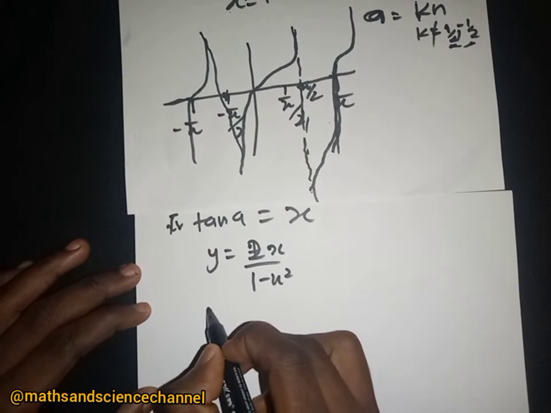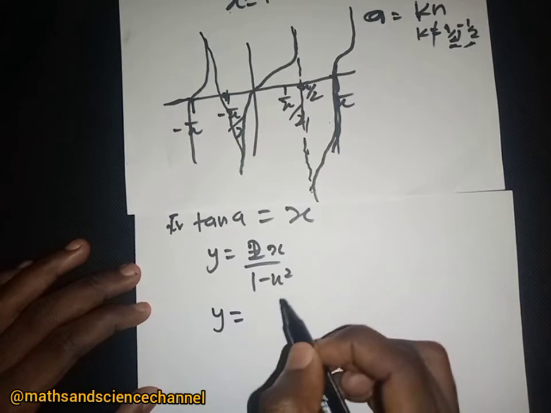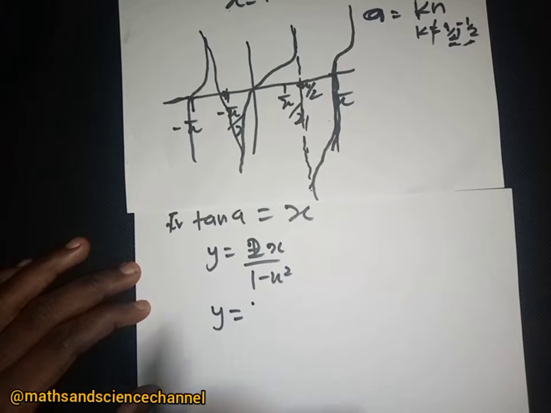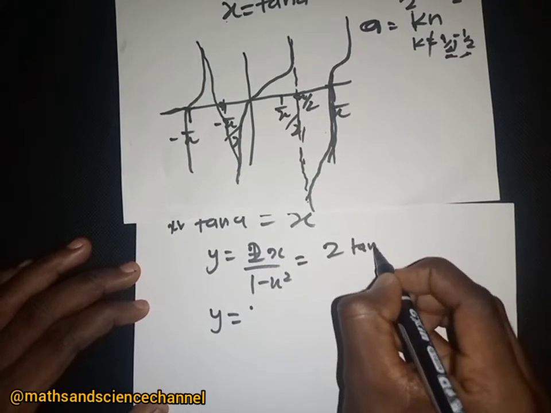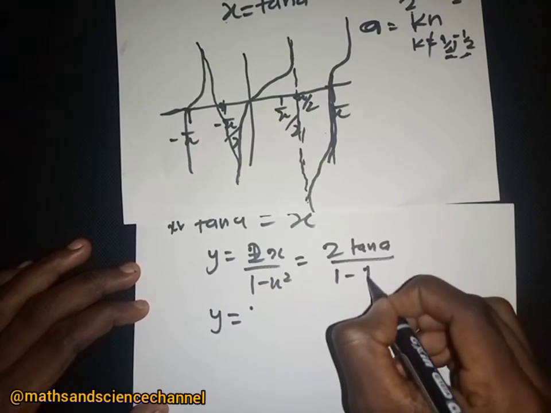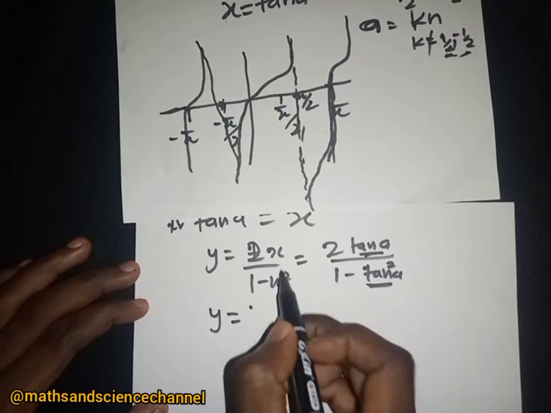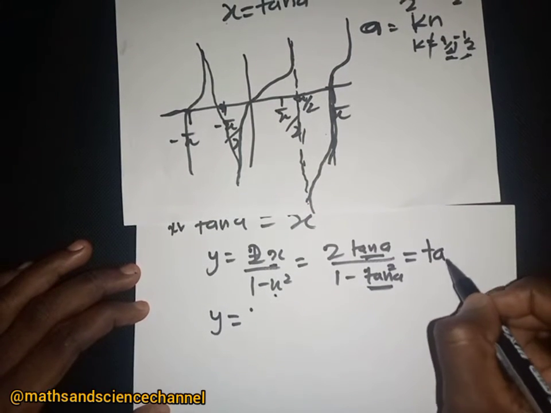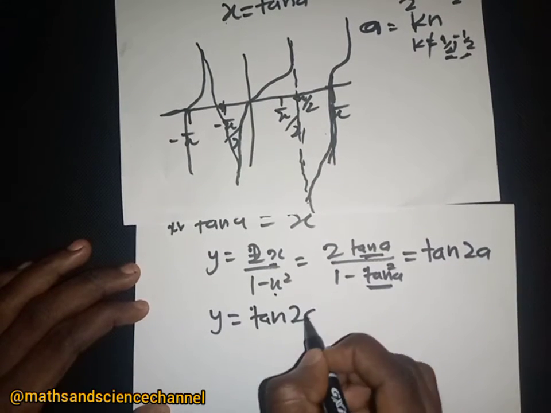So y is just 2 tan a over 1 minus tan squared a, which means y in this case should just be tan 2a. So y here will just be tan 2a.